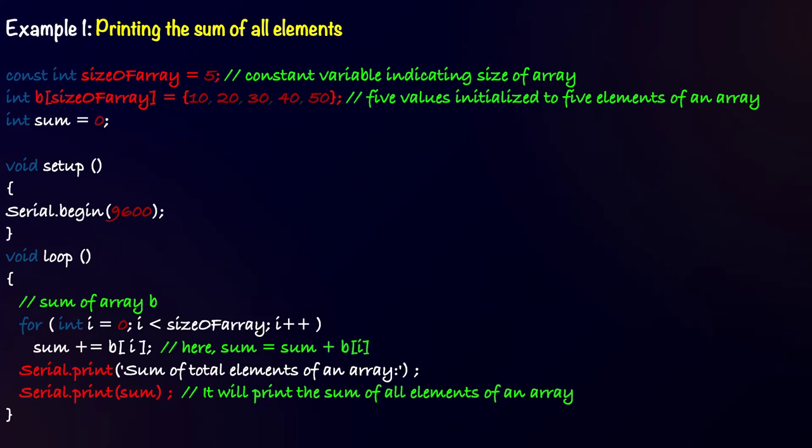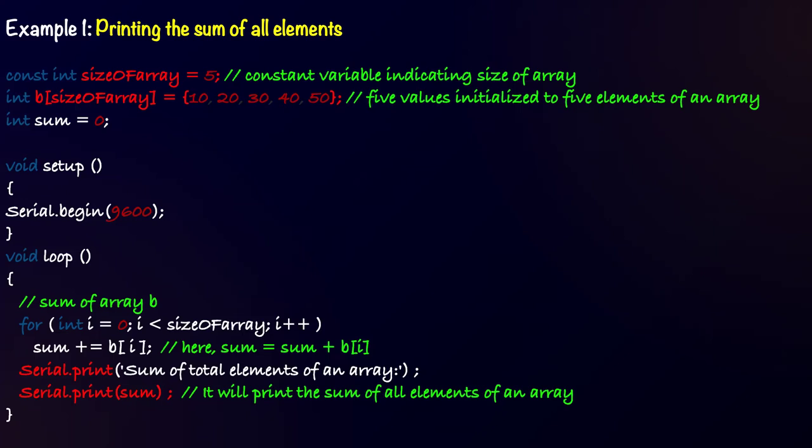Inside setup again, the baud rate we have set up over here. Now, the sum of array b. What we have done inside the for loop: again, int, the keyword is for an integer type variable, okay? So int i = 0, that is the beginning. i less than sizeOfArray. Okay, what is the size of the array, dear students?